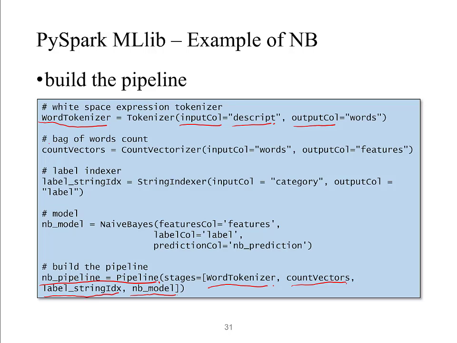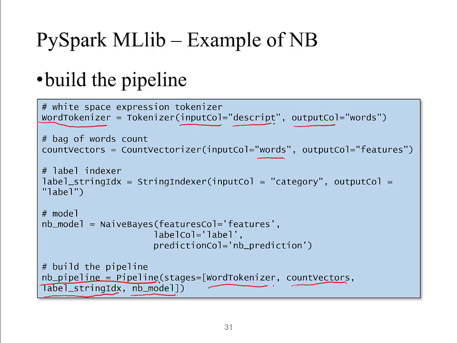Then we use a bag of words count, or the count vectorizer, as the second transformer. So it is still a transformer. Again, we need to specify the input column, which is words, the output column of its previous transformer.